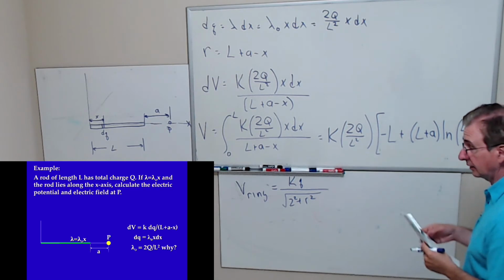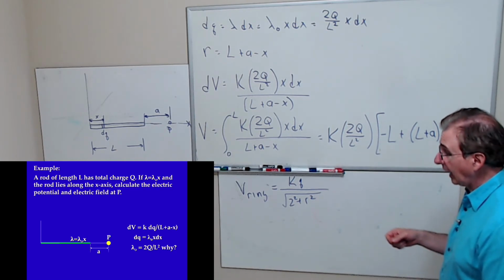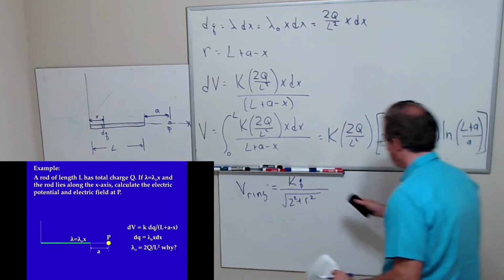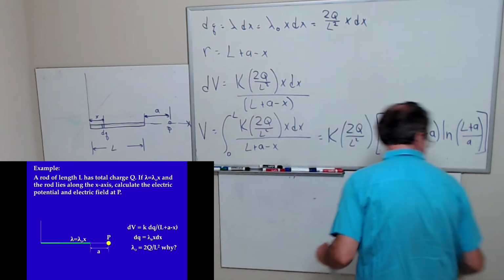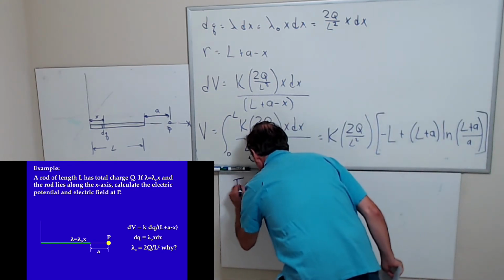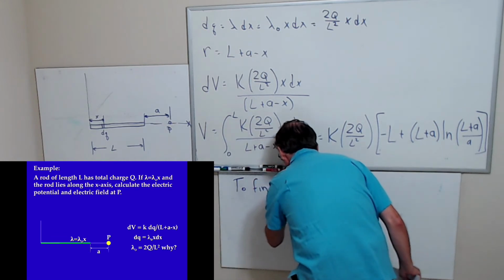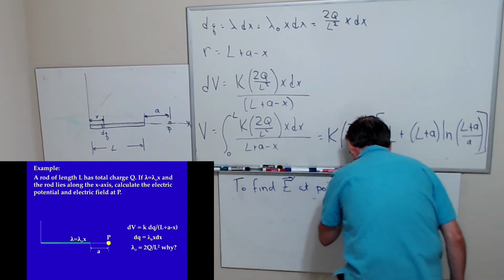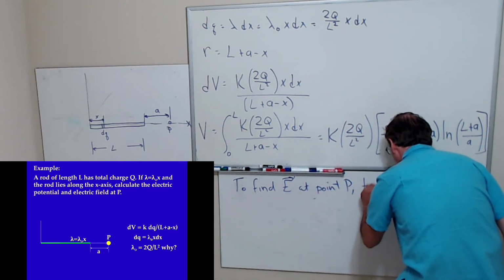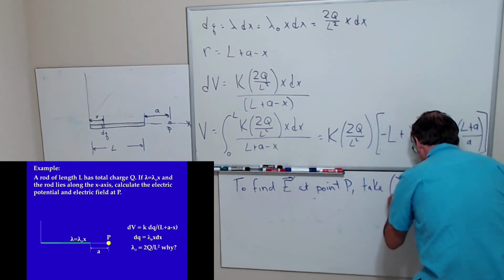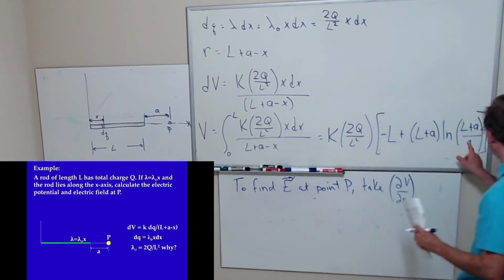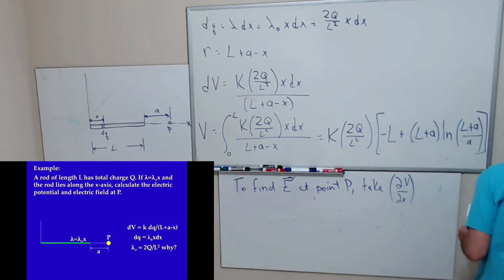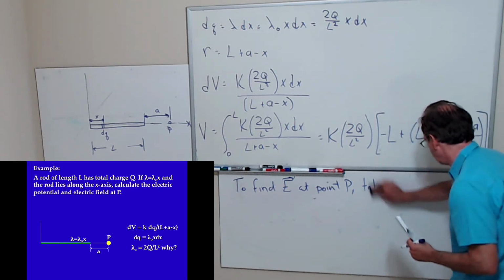And if I want to calculate the electric field at point P, you have to take the derivative of this with respect to x. That means you have to substitute the value of x in here. Maybe rewrite this, replacing a with x.